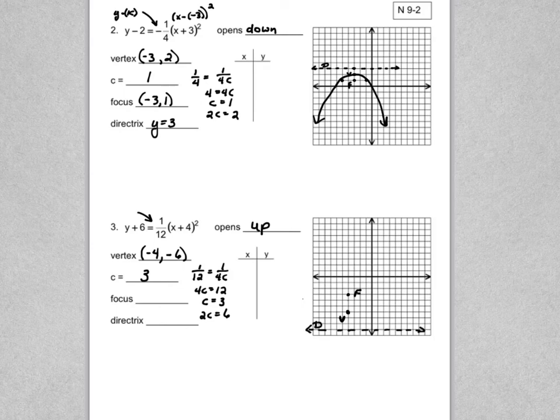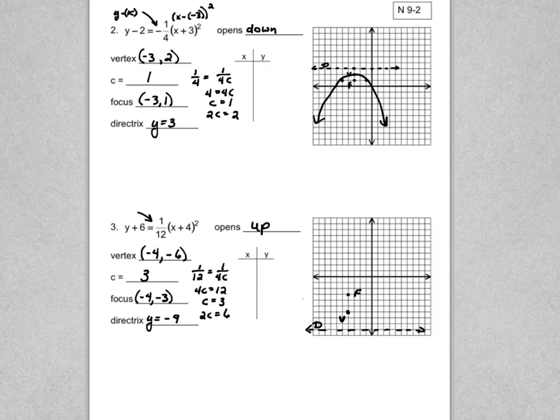That's your directrix. So we'll write those points on the graph. This is going to be (-4, -3) for our focus. And we're going to be at y equals -9 for our directrix, way down underneath that vertex.